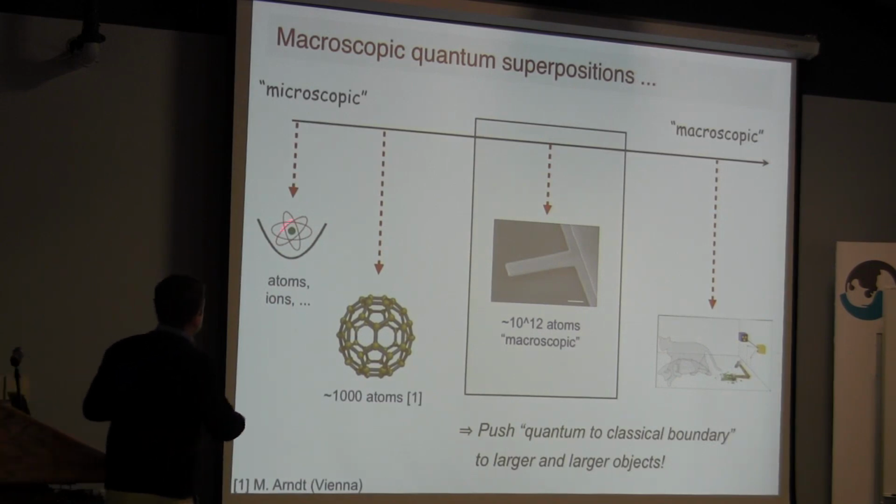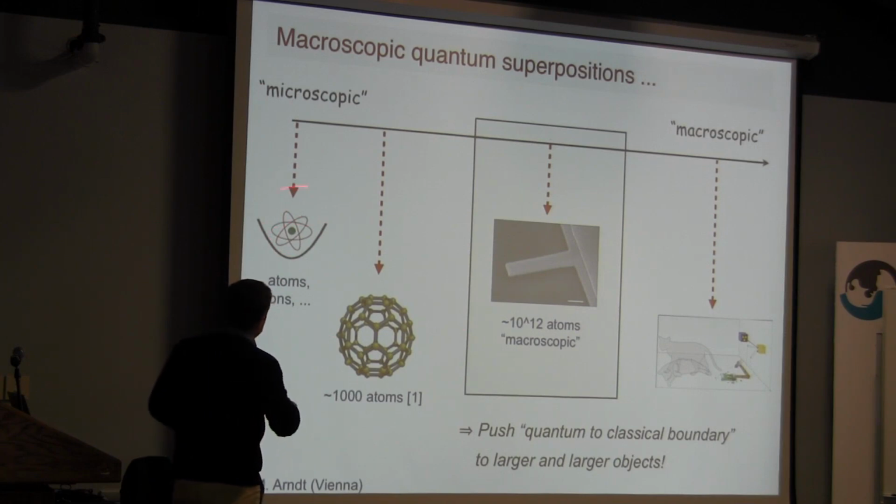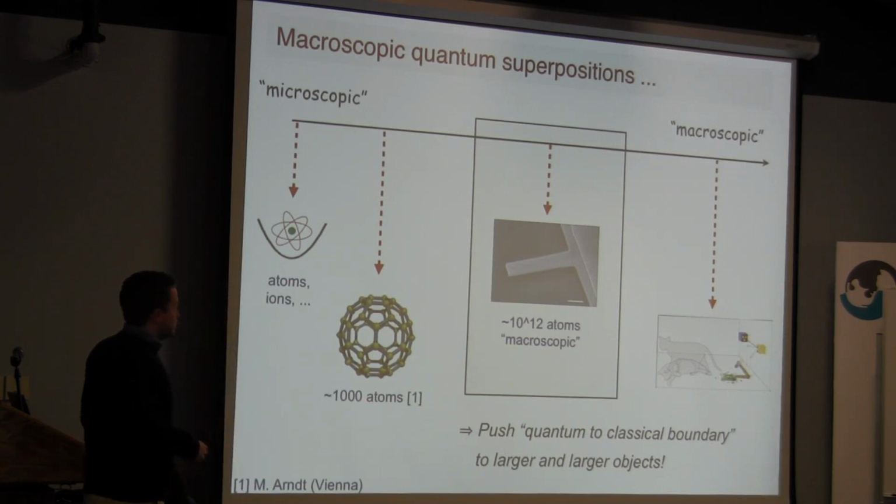Going from something like atoms, people have started to go to larger and larger objects, for example, looking at large molecules, like the group in Vienna, and they're getting to almost 1,000 atoms. But making this jump from atoms to now these nanomechanical systems would be a real jump in this quantum physics of macroscopic objects.